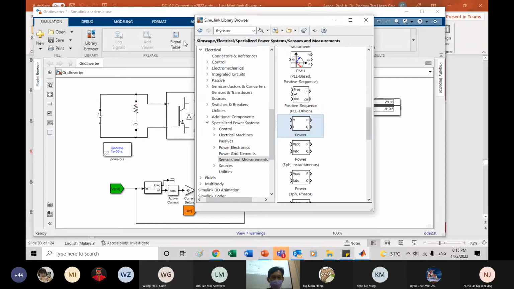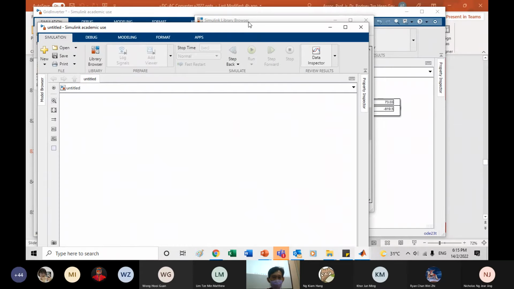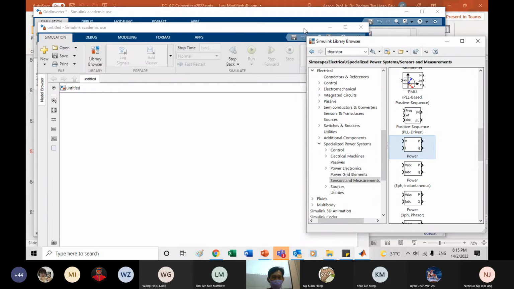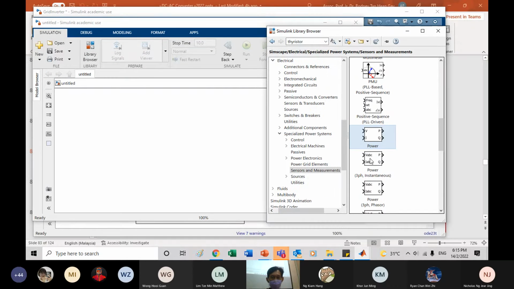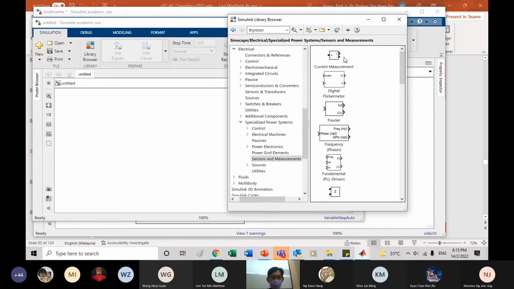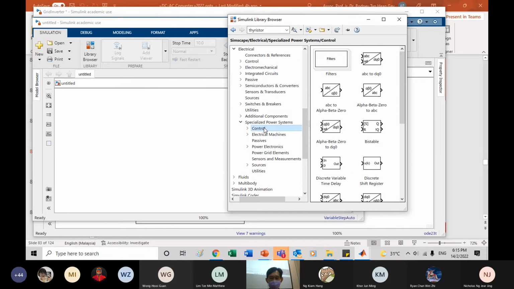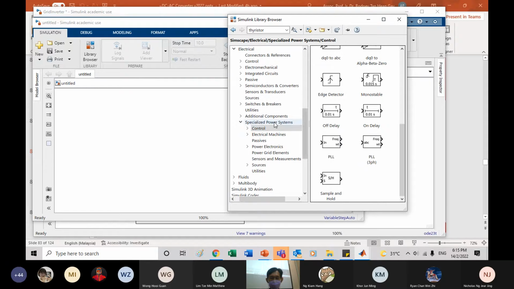Of course, I have to open a new Simulink, and then I need to find the PLL. Oh, I also don't know where the PLL is. It should be under control.